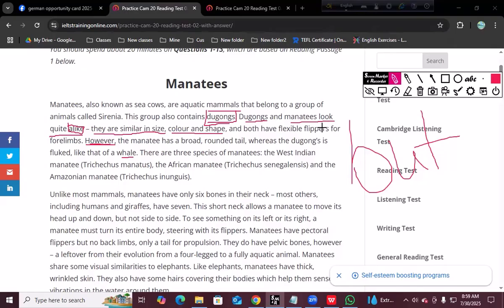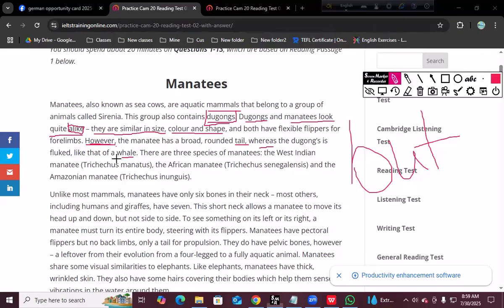So they are talking about the shape, color, size, but the manatee has a broad, rounded tail. That means they are similar with these things like size, color, shape, but manatees has a different thing, that is a rounded tail, whereas the dugong is shaped like that of a whale.